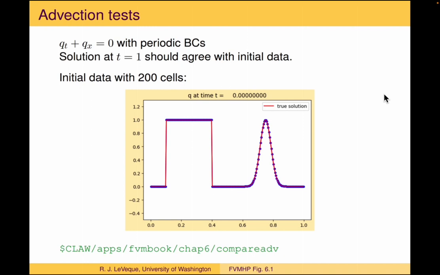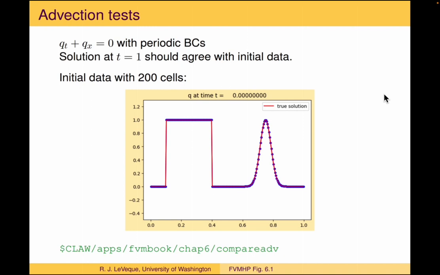So it's translating to the right, it goes out the right boundary, but comes back in. And at time 1, it should be exactly back to where it started. So the true solution at time 1 looks exactly like the initial data, which is shown here. The blue dots here are the initial cell averages or pointwise values, depending on what sort of method you're thinking about, with 200 grid cells. So we have a smooth Gaussian plus we have a square pulse.